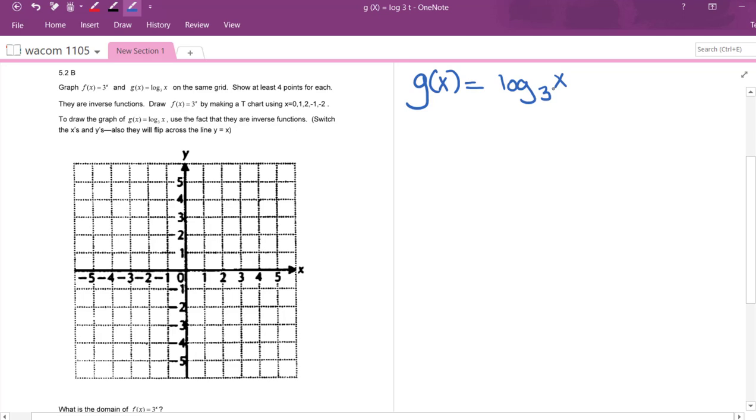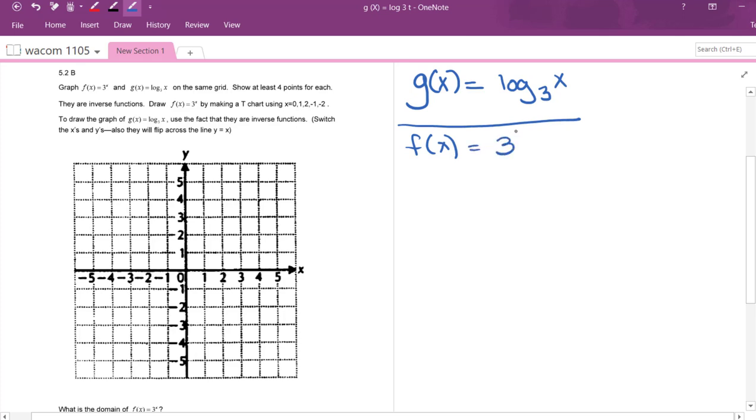I would graph f of x is 3 to the x, same base, so it's the inverse. So instead, I'm going to do something totally different that it does not tell me to do in those directions.